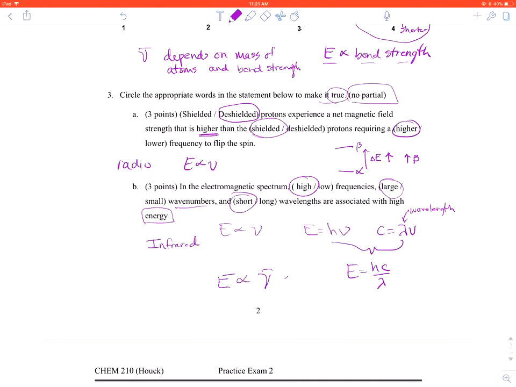And so NMR is very safe in terms of the energy of that electromagnetic radiation. It's the same concept that's used in MRIs, magnetic resonance imaging. So different tissues have different concentrations of protons, and so by using MRI, this nuclear magnetic resonance technique, we can see differences in those types of tissues.